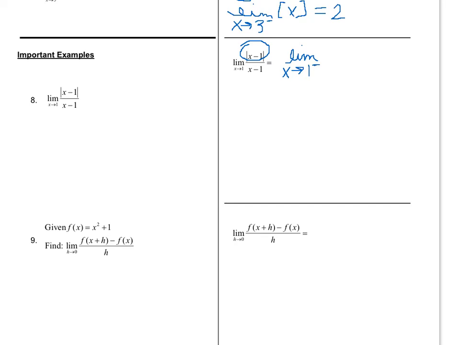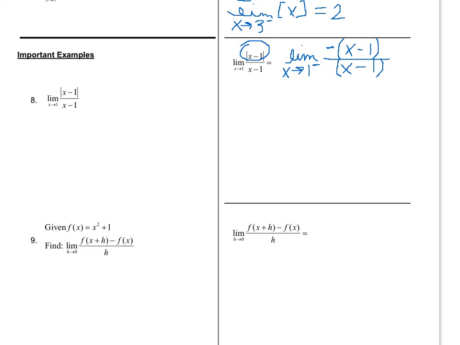Now we just said if you approach it from the left, you'd be getting a negative quantity on the inside. Because we want the absolute value to do what it's supposed to do, but we don't want it in the problem, we're going to pull a negative to the front and say that we want the negative of x minus 1, the quantity. It does the same thing as the absolute value, but it's eliminating the fact that the absolute value is there.